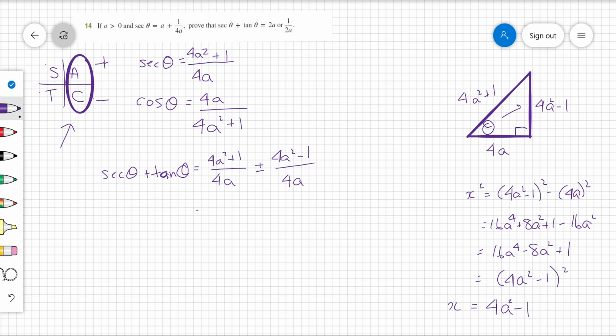When I do that, luckily we've got the same denominators, so if we add, 4a squared plus 4a squared is 8a squared, plus 1 minus 1 is 0, all over 4a. If I subtract, 4a squared minus 4a squared is 0, plus 1 minus 1 is 2. So I've got 2 on 4a. Just simplifying, we get 2a and 1 on 2a, which hopefully is the answer.